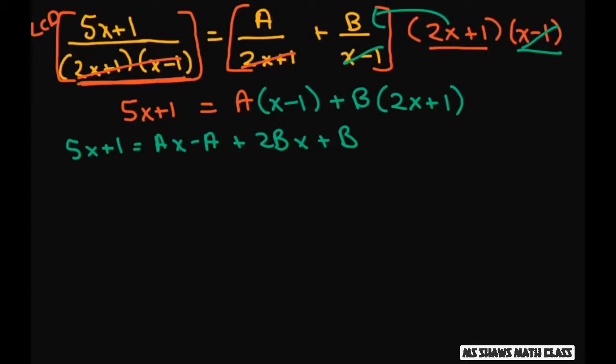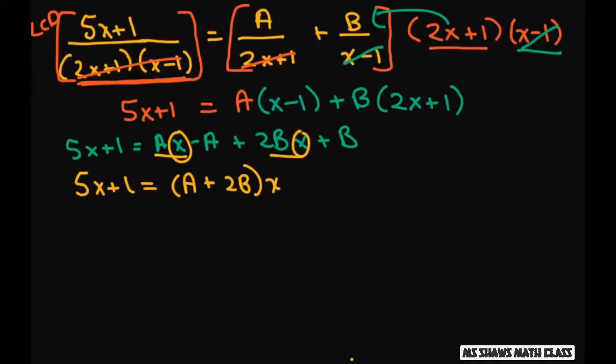So I'm going to write 5x plus 1 equals, and here are my two x's: a plus 2b, and pull out that x. And similarly, for the second part, I'm just going to write negative a plus b. That would be your x to the 0 power, your constant term.